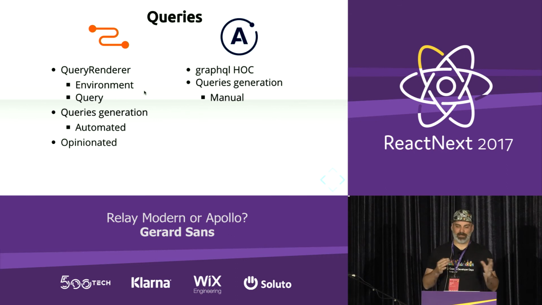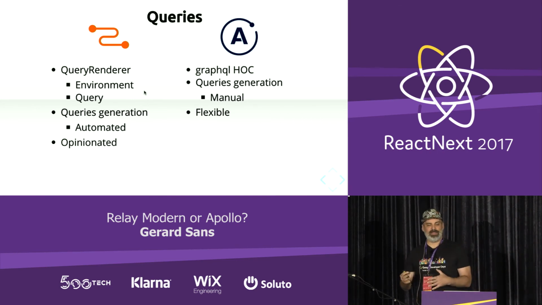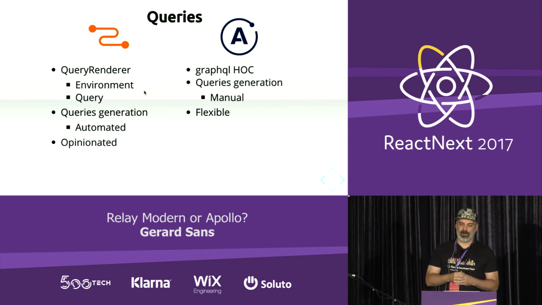We can build any complexity of queries. So that can also introduce some suboptimal queries. It depends on how you manage it. This is also more flexible, but then we may lose some of these optimizations that Relay Modern is doing for us.